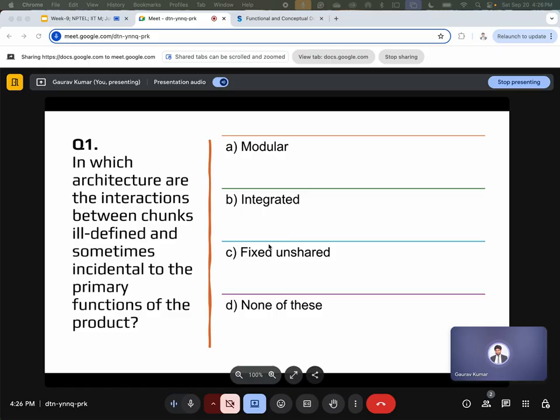I hope you all have answered the question. Now I am going to provide you the explanation. It's about integrated architecture. In an integrated architecture, different functions are combined into fewer components.